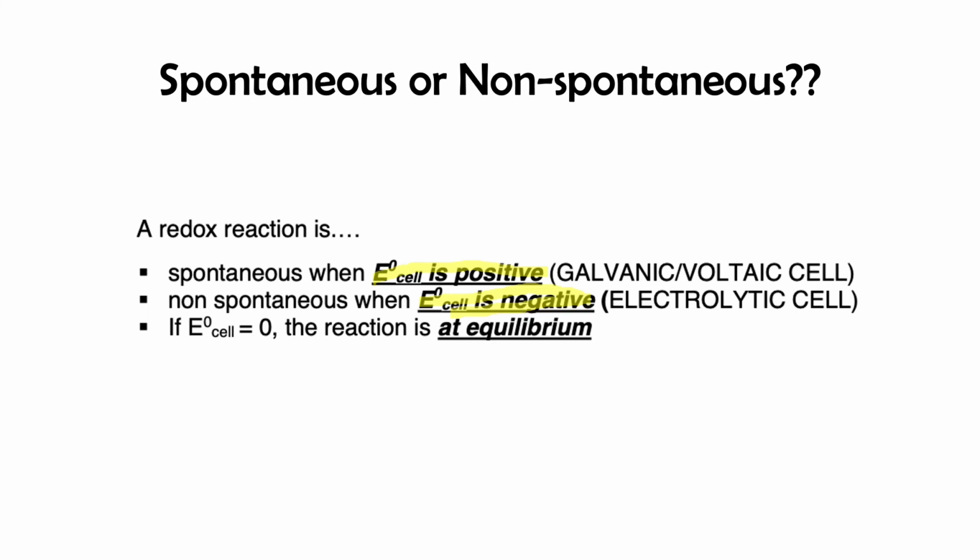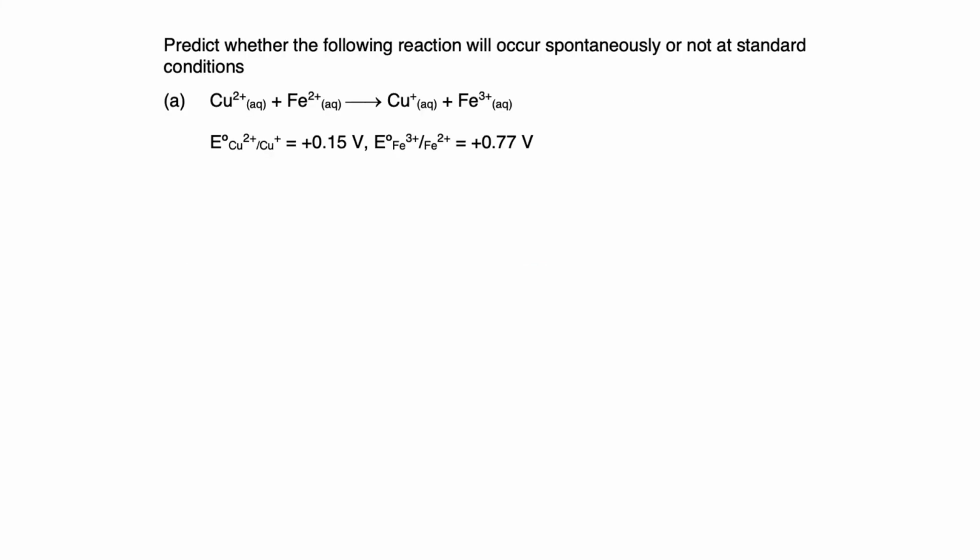So how do we know whether it is spontaneous or non-spontaneous? Let's take a look at the next question. You are given a reaction, copper and ferrum. How do we know whether this reaction is spontaneous or not?